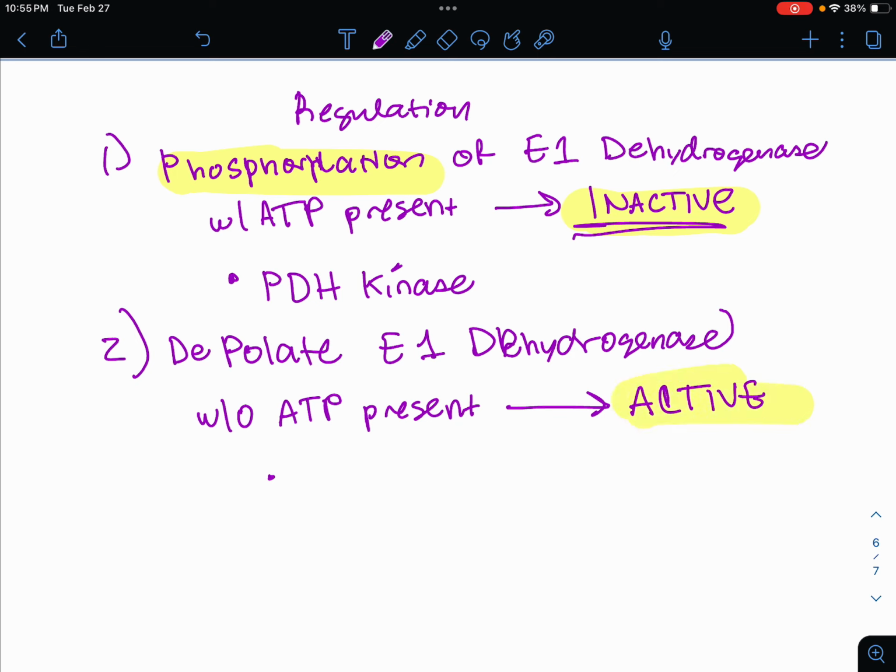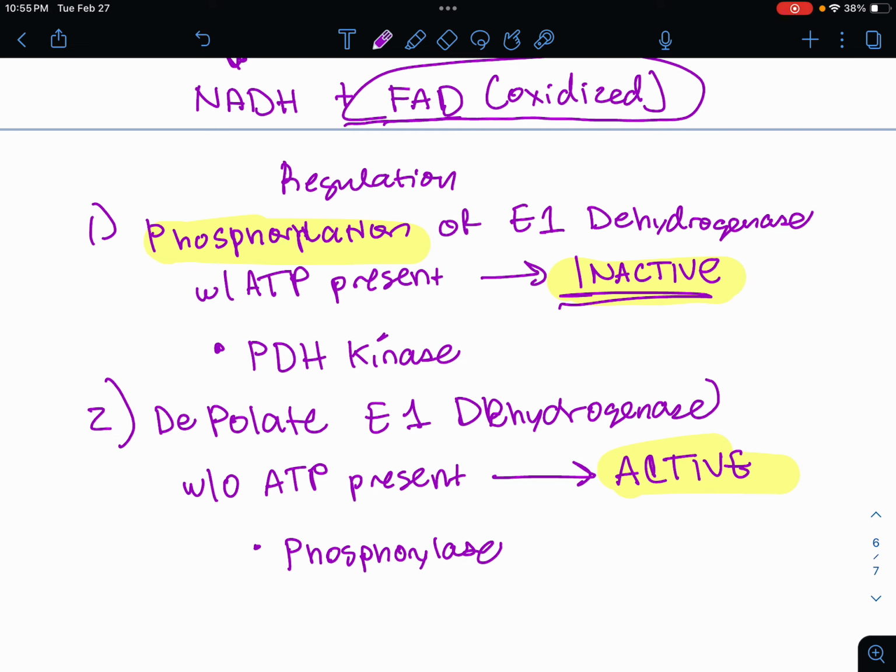The enzyme here will be a phosphorylase. So to dephosphorylate the E1 dehydrogenase, when there isn't any ATP, when we want to make it active, we use the PDH phosphorylase to remove those phosphate groups, and then now enzyme 1, aka the dehydrogenase of the complex, will be active, and we start converting the pyruvate into acetyl CoA, so it could go through the Krebs cycle and start generating the electrons needed for electron transport and all the other carriers and whatnot.